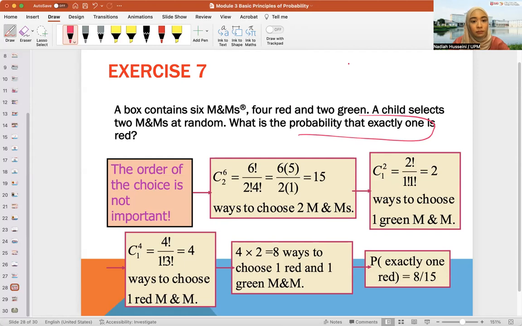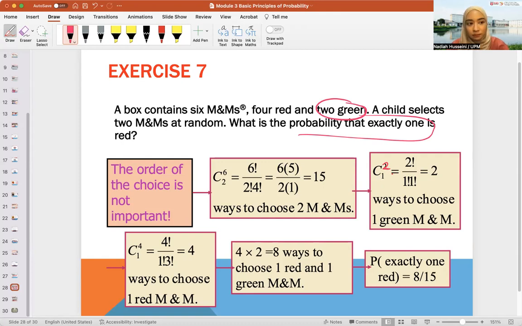Here they are calculating the number of possible ways to choose green M&Ms. I only have 2 green M&Ms, and I only get to select 1 because the other one should be red, so I need 2 choose 1. The subset for green is 1 out of 2.